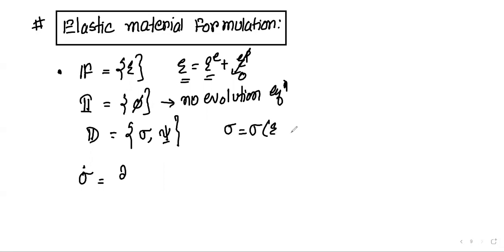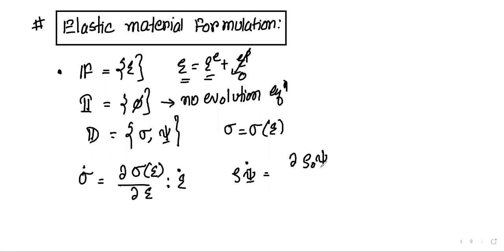So this dependent variable will be only a function of the free variable epsilon, contracted with epsilon dot. And rho psi dot, the free energy, will be a function of epsilon, the free variable again, dotted with epsilon dot.